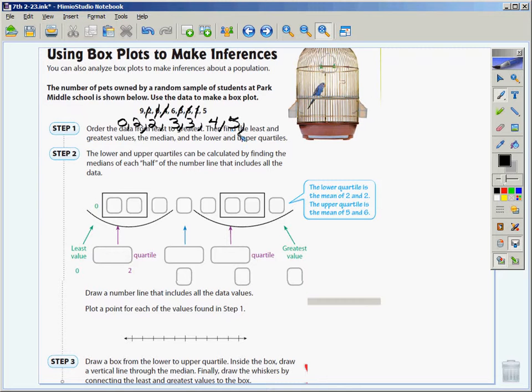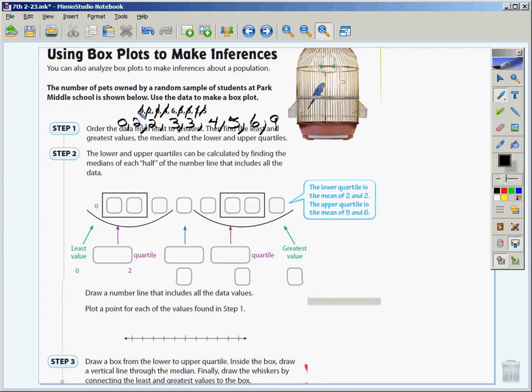Then a 5, then a 6, and then a 9. Okay? 1, 2, 3, 4, 5, 6, 7, 8, 9 pieces of information. First thing you need to do when you're making a box plot is put things in numeric order.